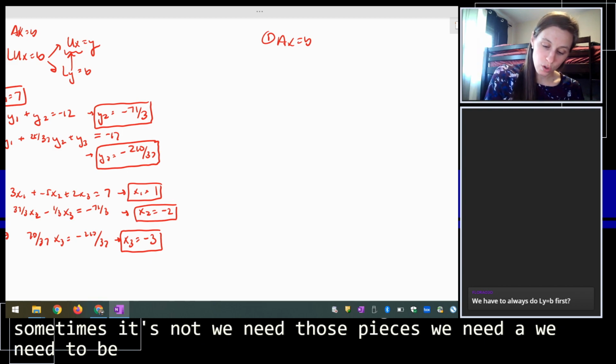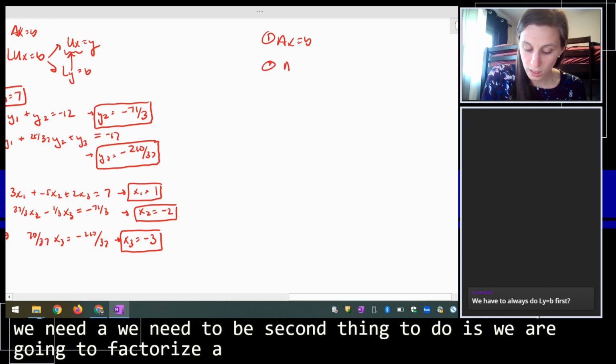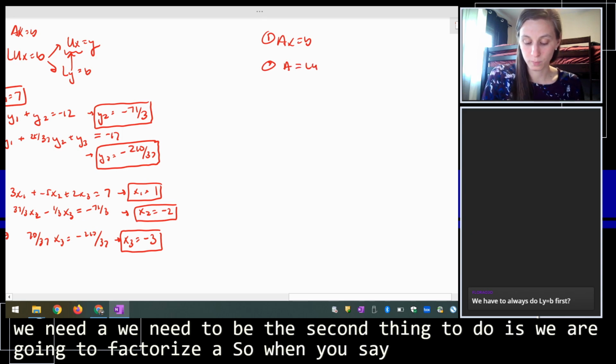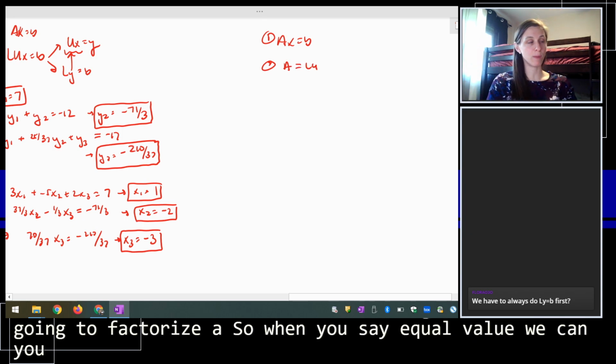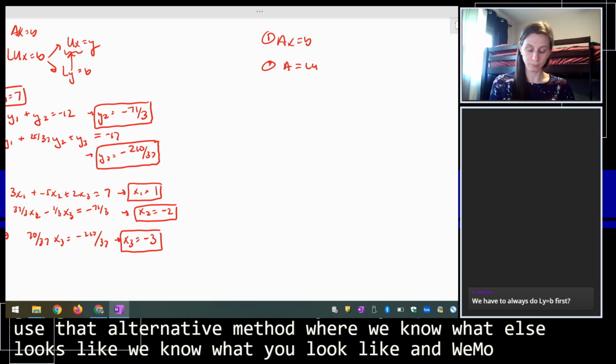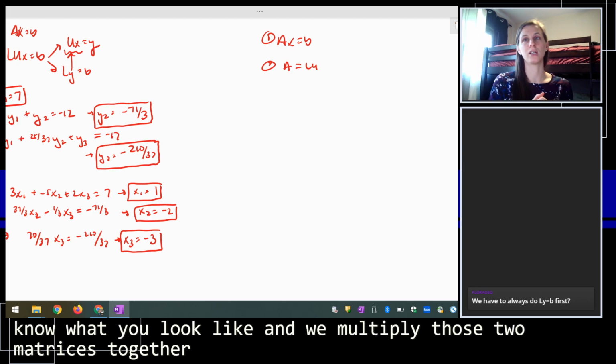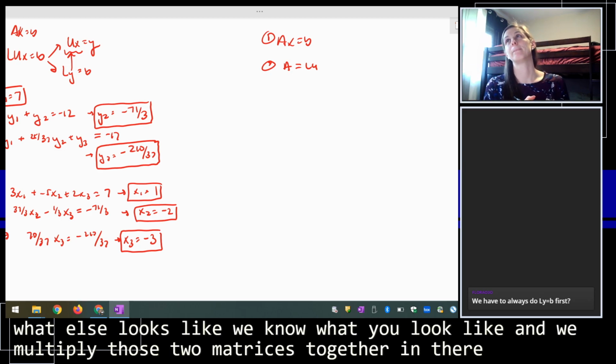The second thing we're going to do is factorize A. So when you say A equals LU, we can use that alternative method where we know what L looks like, we know what U looks like, and we multiply those two matrices together in their variable form.